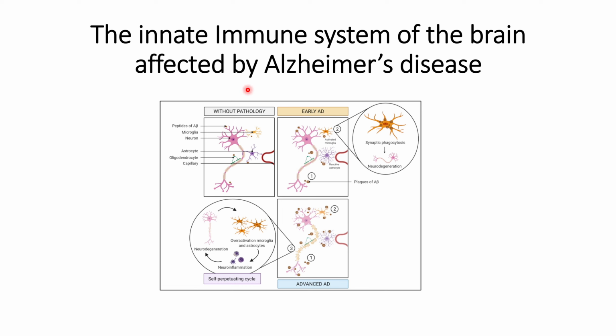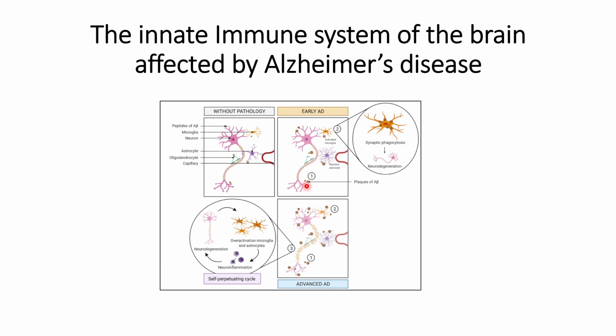The first one is the activation of the innate immune system that might be aggravated with time and takes the form of autoimmune disease. So let us understand this with this diagram. In the normal case, there is no plaque of A beta, that is amyloid beta proteins, and when there is no plaque of A beta, the immune system will not get activated.